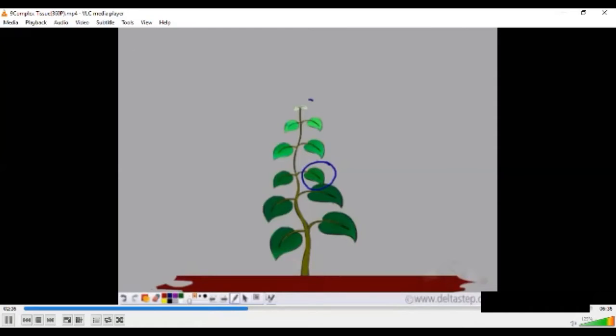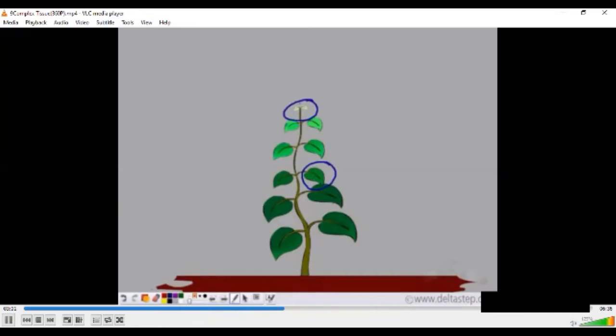Now notice this leaf. This leaf does not have an abundant amount of chloroplast. See, it is almost whitish green in color. So it is manufacturing food, but in a very small amount. And all this food is being utilized by this leaf in its growth.